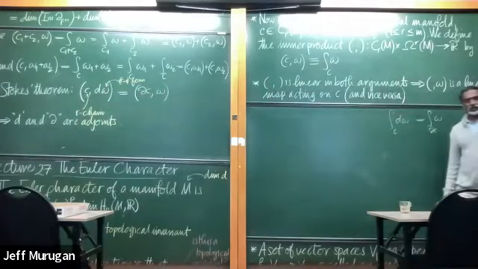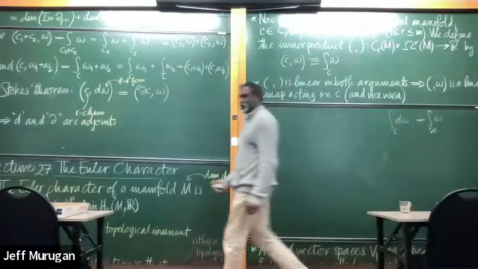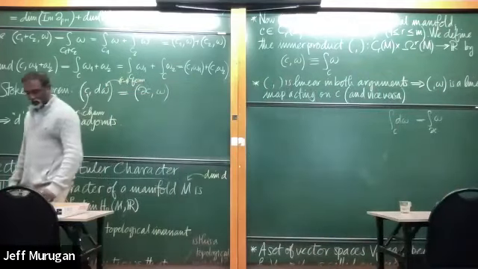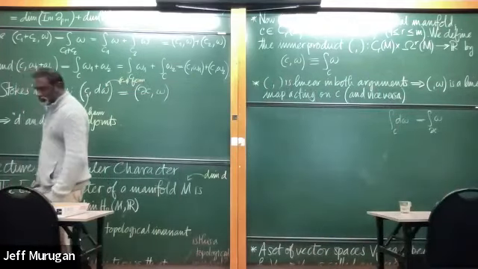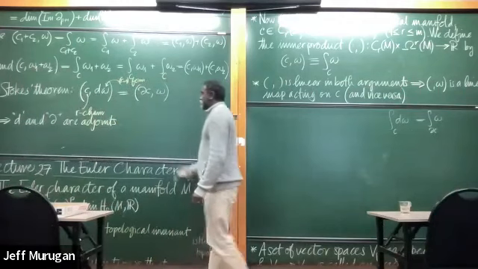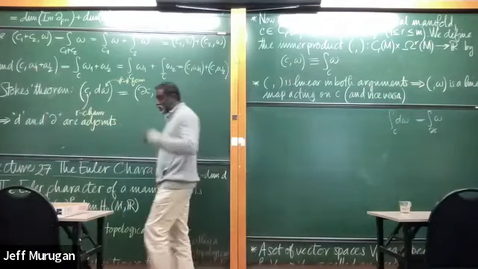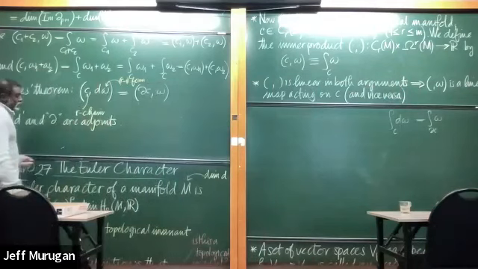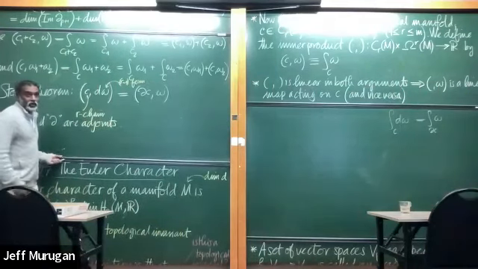Right. Remember, adjoint you define with respect to a particular inner product, and this is the inner product we're defining. Moreover, this inner product induces a natural inner product on the homology groups.